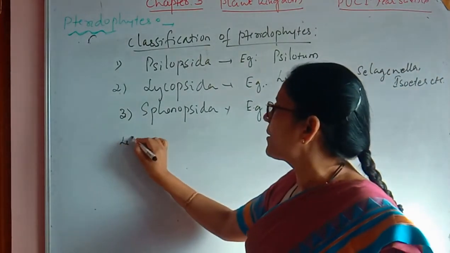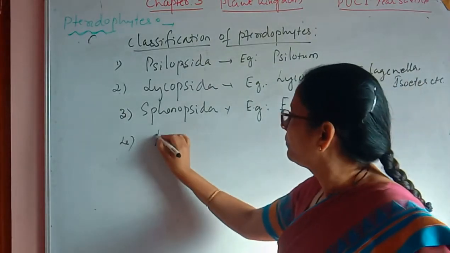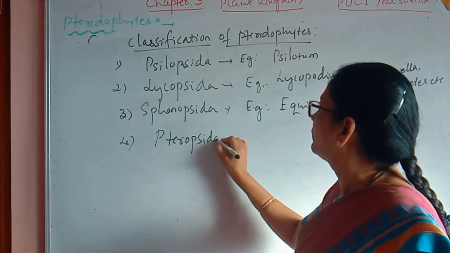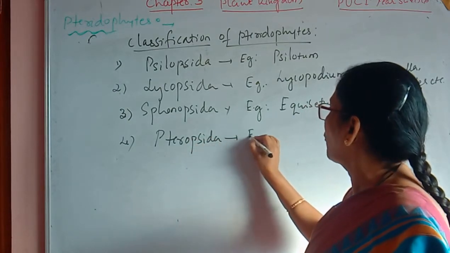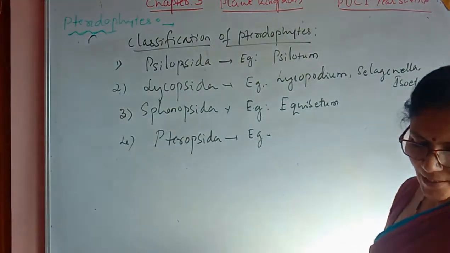The fourth group is Pteropsida. Example for this group, Pteris, Nephrolepis, Adiantum.